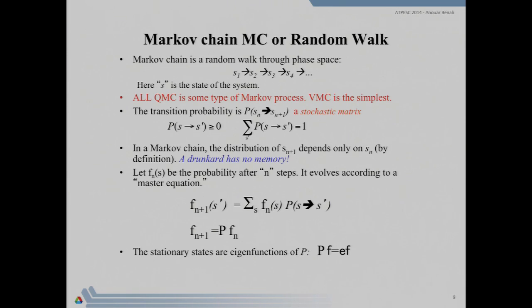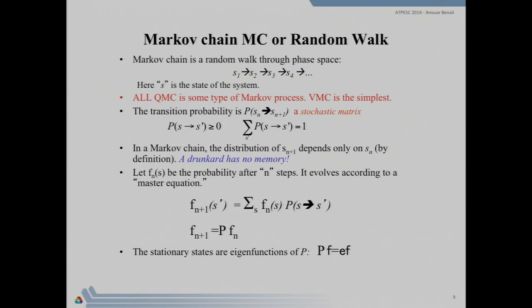It's like having a drunk person walking in the street. He will just need to know the step he is at to make the next step and not the steps before. This is why it's often called a drunkard's walk. Also, the transition probability from a state n to n+1 is comprised between 0 and 1.